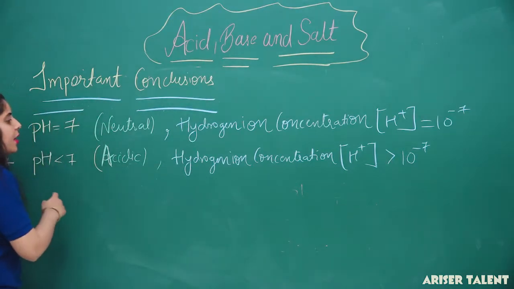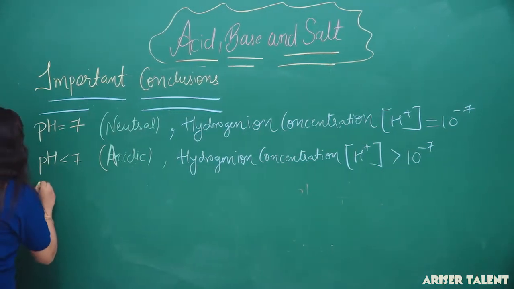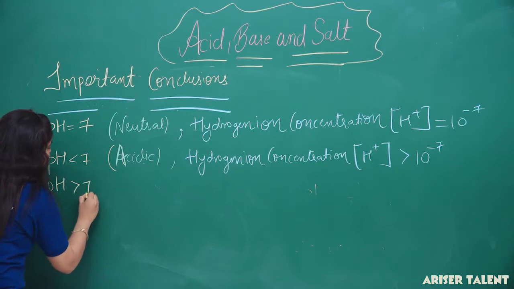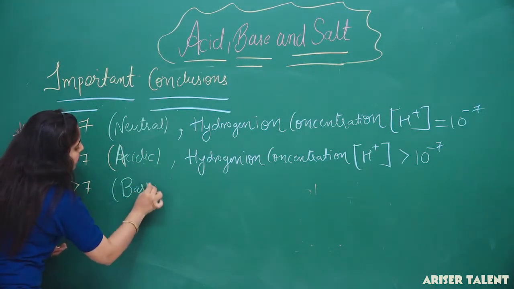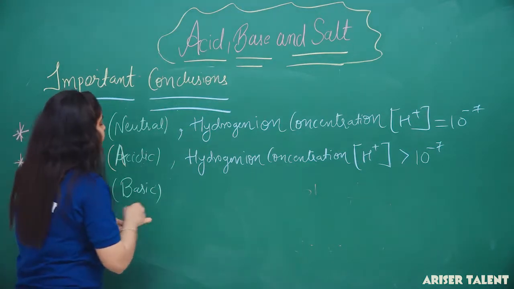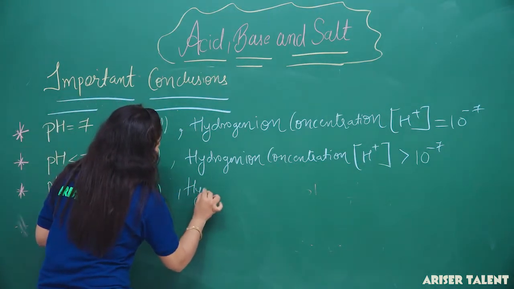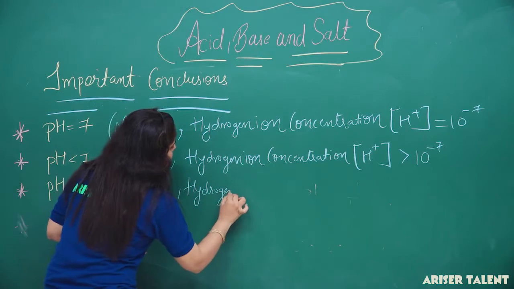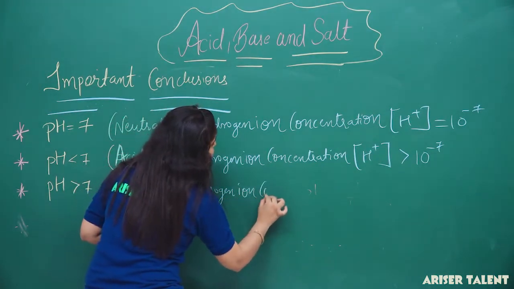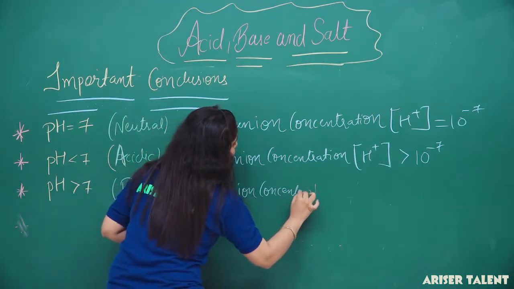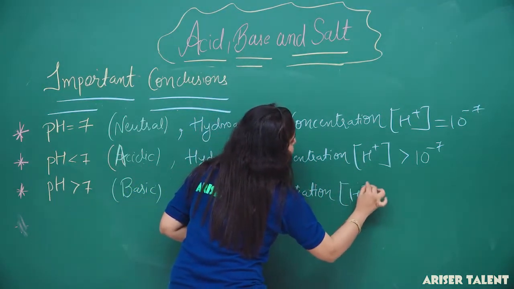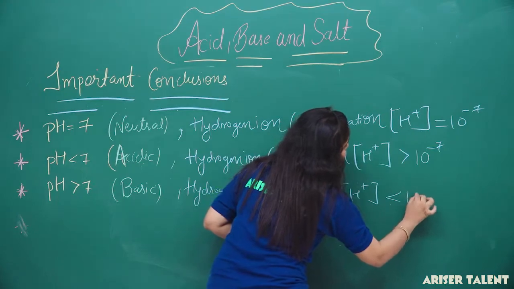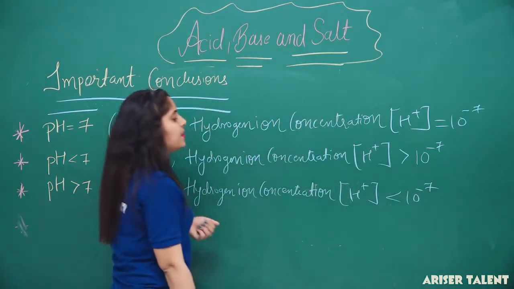Now we are on our third conclusion. If pH is greater than 7, the solution will be basic. It means the hydrogen ion concentration, that is H plus ions, will be less than 10 raised to the power minus 7.